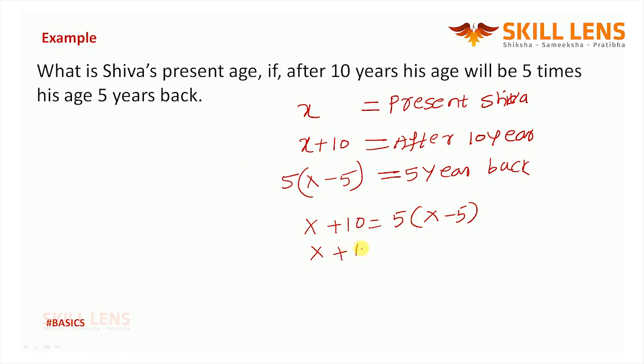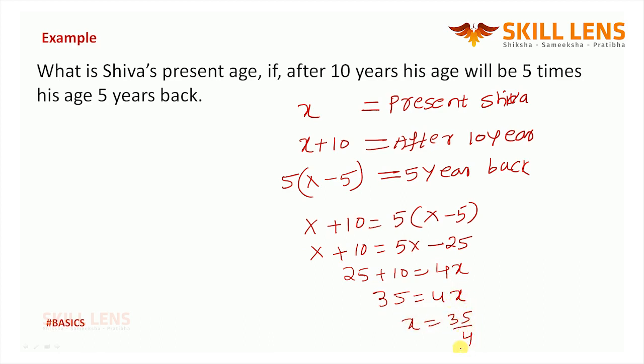So x plus 10 equals 5x minus 25. 25 will come this side, which is 25 plus 10, and x will go this side, which is 4x, because 5x minus x is 4x. So 35 equals 4x, then x equals 35 by 4. If you cancel it, it's okay, because the options will be like this.